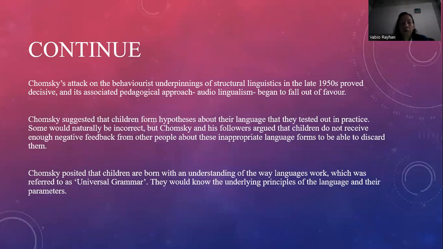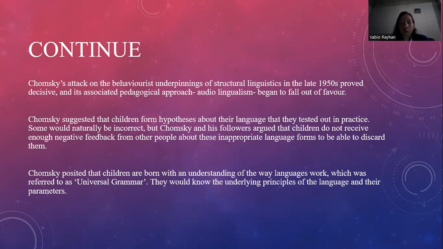Chomsky suggests that children form hypotheses about their language that they test out in practice. Some would naturally be incorrect, but Chomsky and his followers argue that children do not receive enough negative feedback from other people about this inappropriate language to be able to discard the forms.